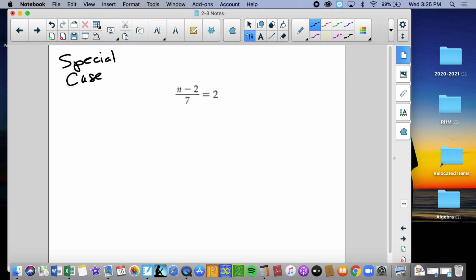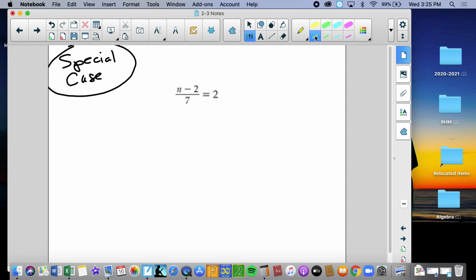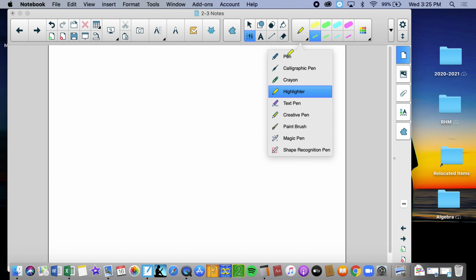The special case. There's always going to be situations that we have to be wary of. What's different about this is this vinculum, that division bar. So we need to know what that means. That means this is separated from the denominator.